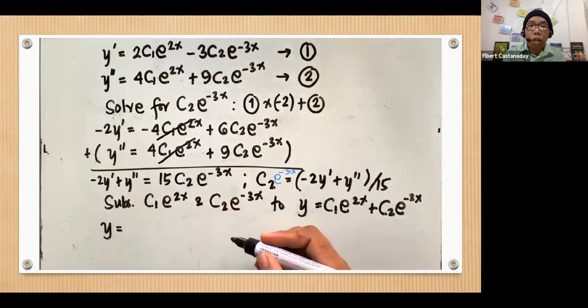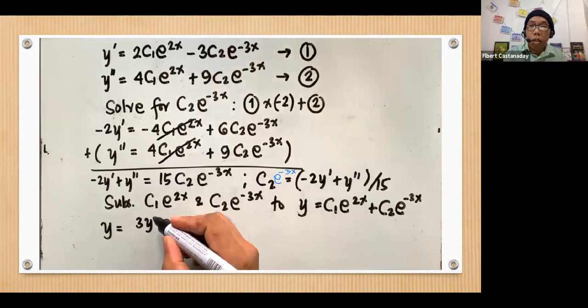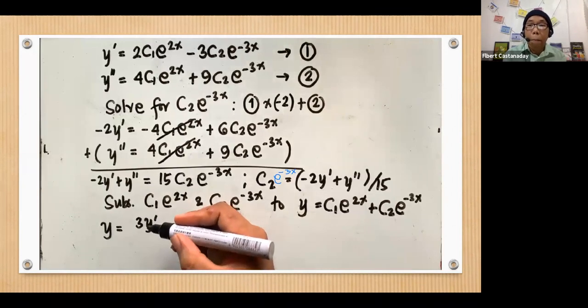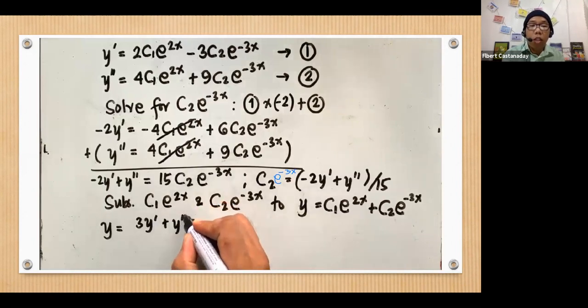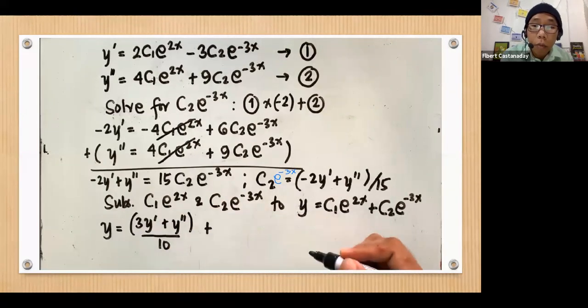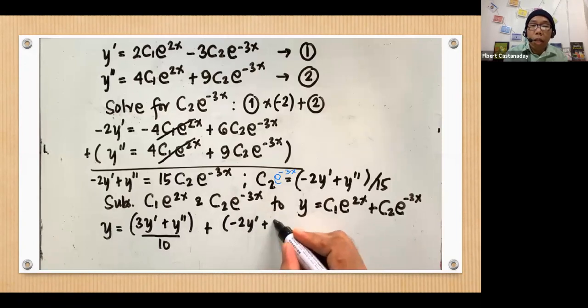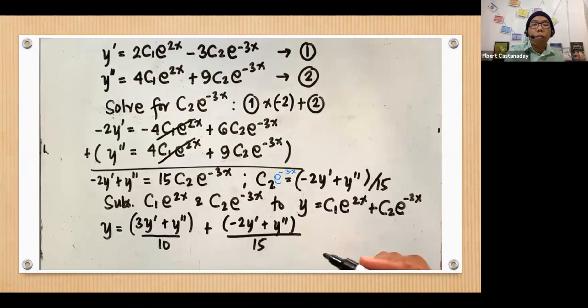If you recall, kanina, we have solved already 3y prime plus y double prime all over 10. And then you add c sub 2. Ano yung value ni c sub 2 e raised to negative 3x? So you have minus 2y prime plus y double prime all over 15.